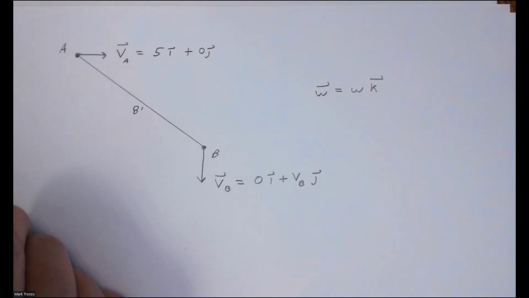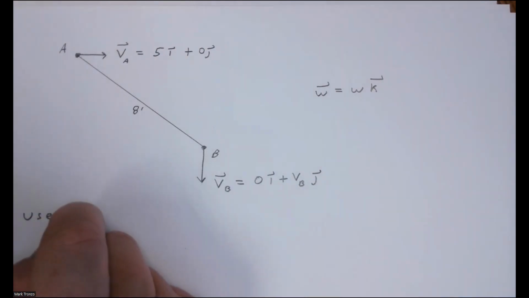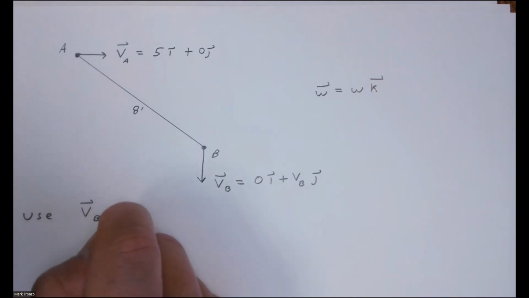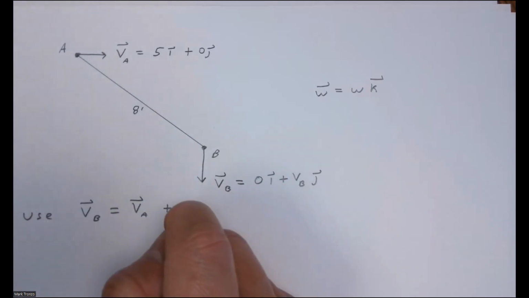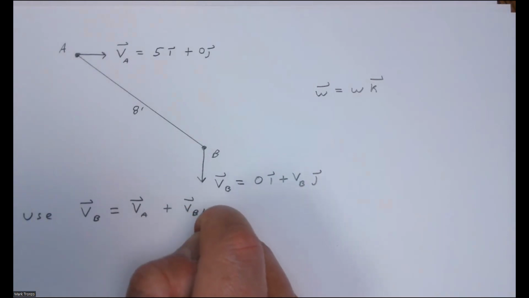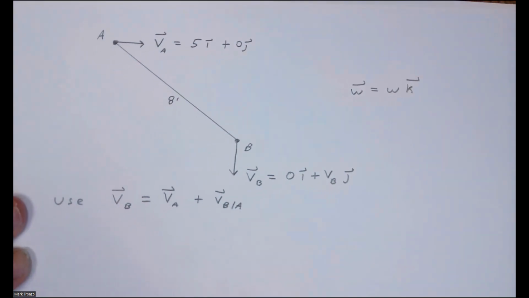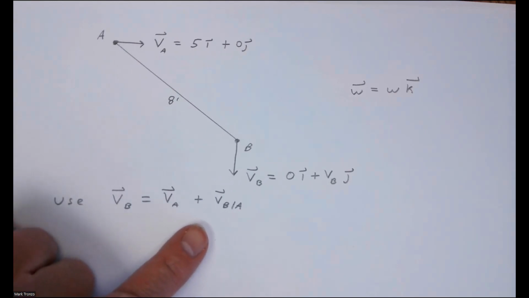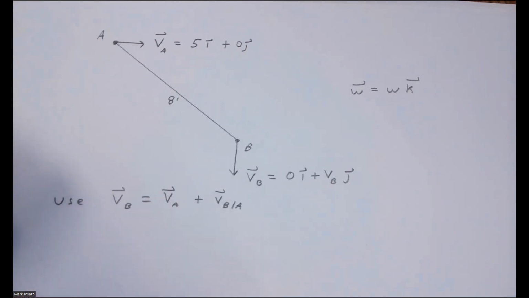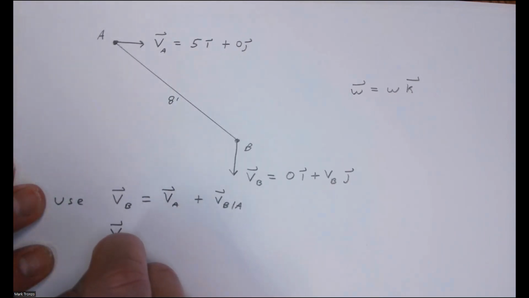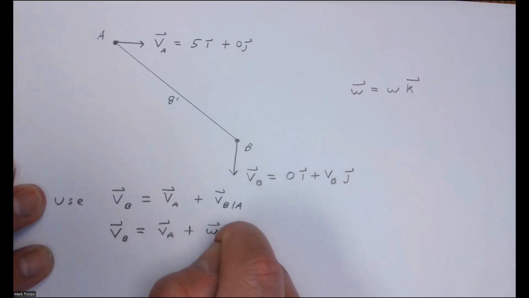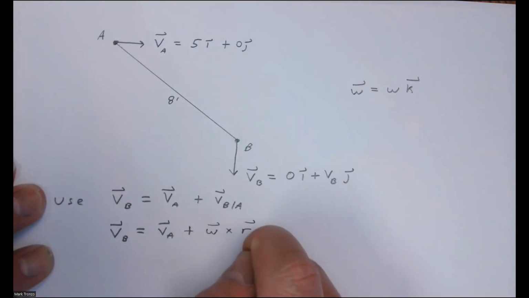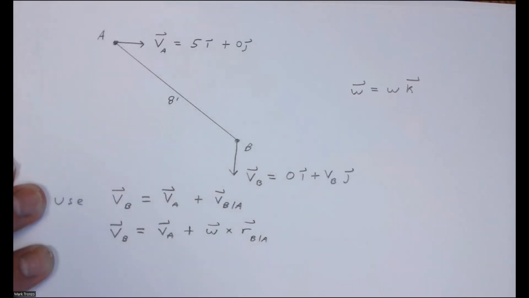For the equation, we're going to use the velocity of B equals the velocity of A plus the velocity of B with respect to A. In this context, we can rewrite that last term as omega cross RB with respect to A.